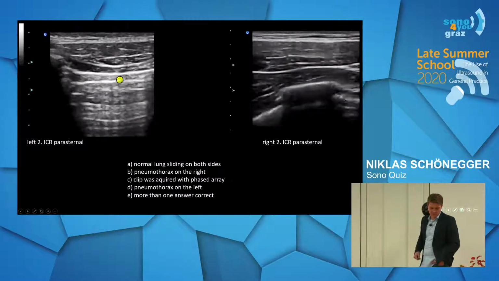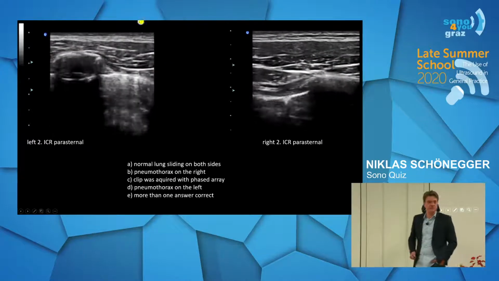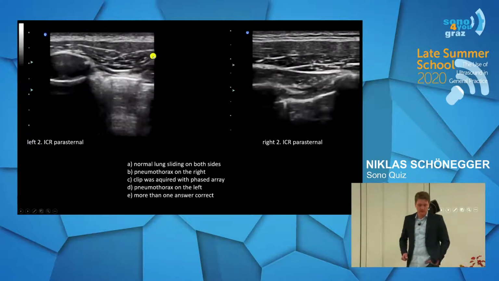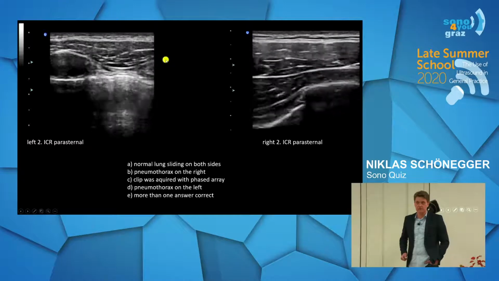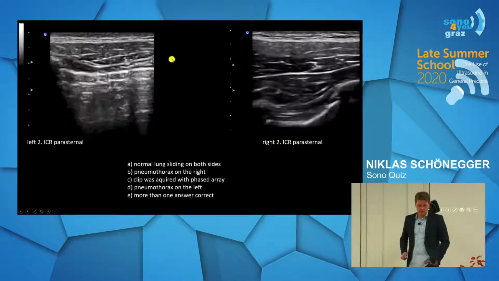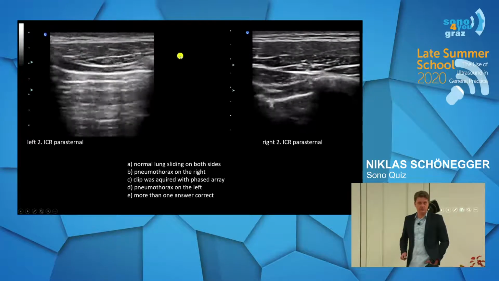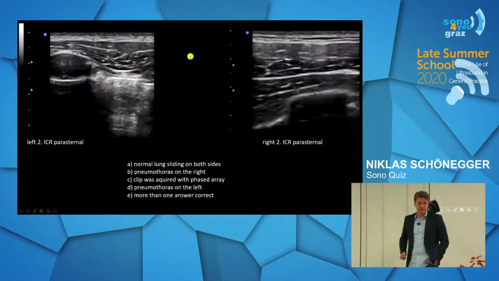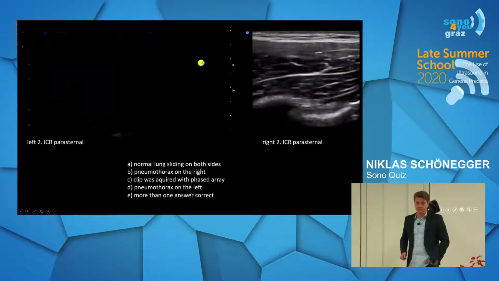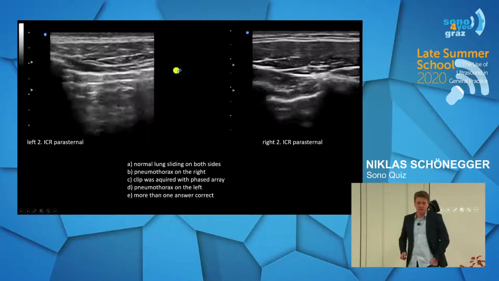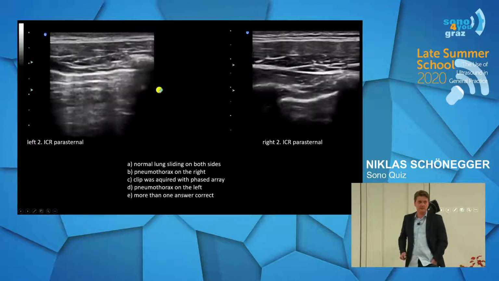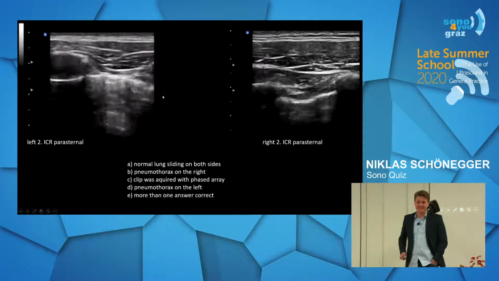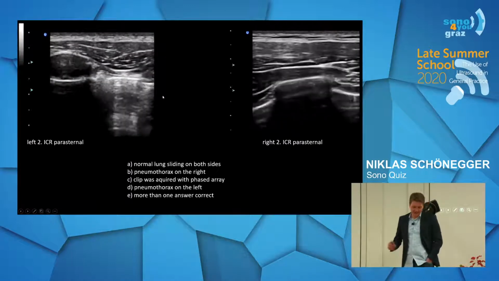Is the pneumothorax on the left side, or is more than one answer correct? So, do you think pneumothorax on the right? Okay. Was this clip acquired with a phased array? Does anyone see a pneumothorax on the left side? Okay, one. Or is more than one answer correct? Okay. Most are not sure.